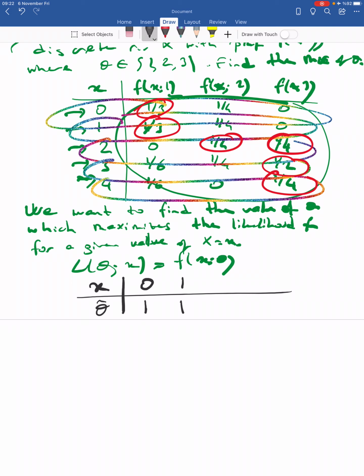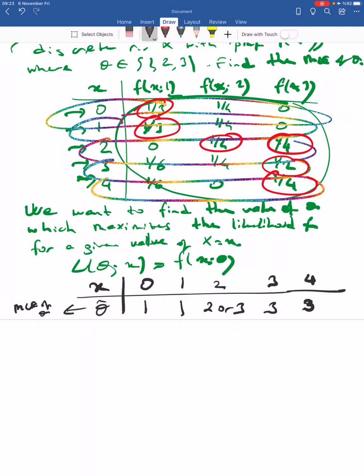When x is 2, the maximizing value of theta can be 2 or 3. If we observe 3 as our sample point, the likelihood function is maximized when theta equals 3. Similarly, when we obtain 4, it is maximized again at 3. So this is the MLE: for different sample points, we get different values.